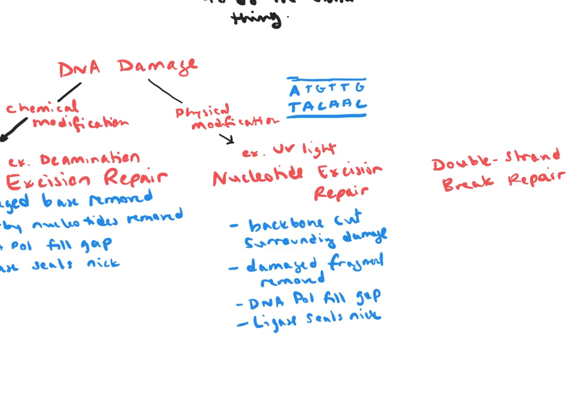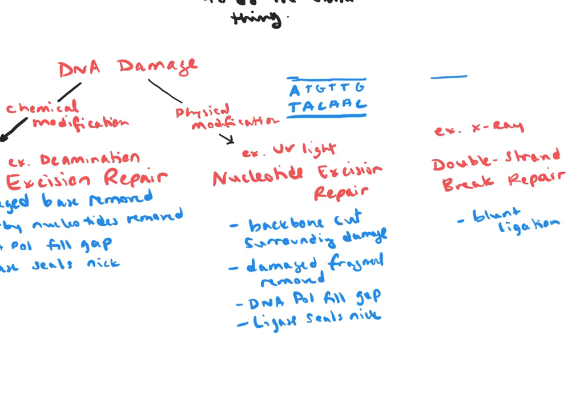So another type of physical modification that can occur is double-stranded breaks, which require different sets of proteins to repair. So this can happen with like X-ray beams hitting the double strands and breaking those covalent bonds. And there are different ways that the repair can happen. There can either be blunt ligation, where you have blunt ends of double-stranded breaks.